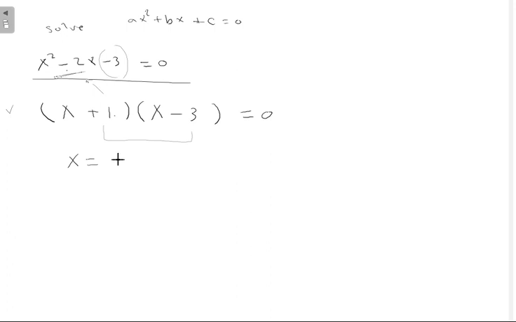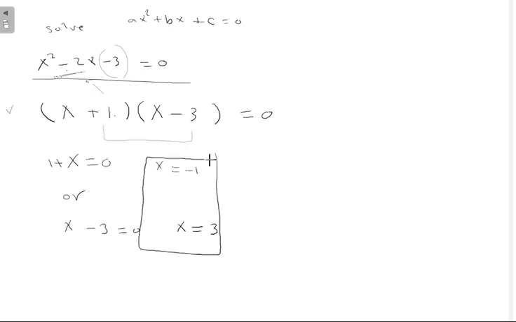So I will say if x plus 1 equals to 0, then x equals to minus 1, or x minus 3 equals to 0, then x for sure equals to 3. These are the solutions of this quadratic equation.